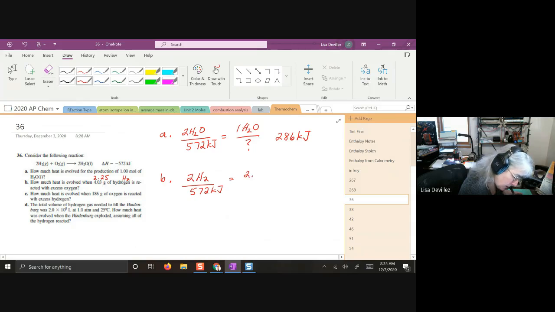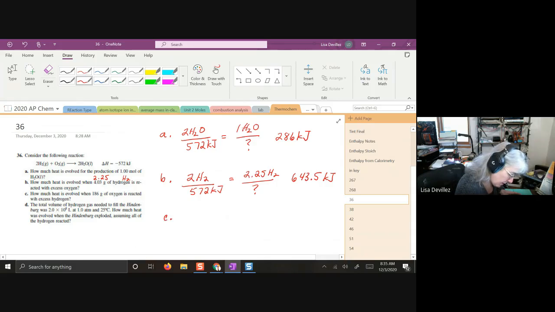So 2.25 hydrogens, we're solving for that. And so I have 572 times 2.25 divided by 2. So I get 643.5 kilojoules.